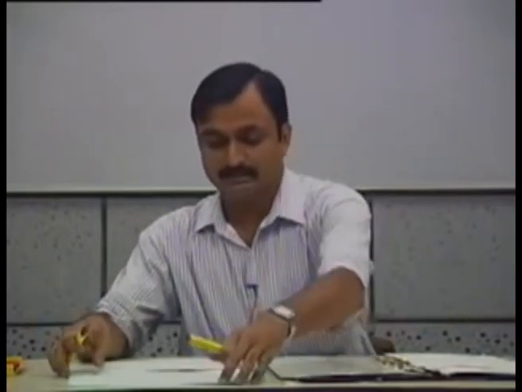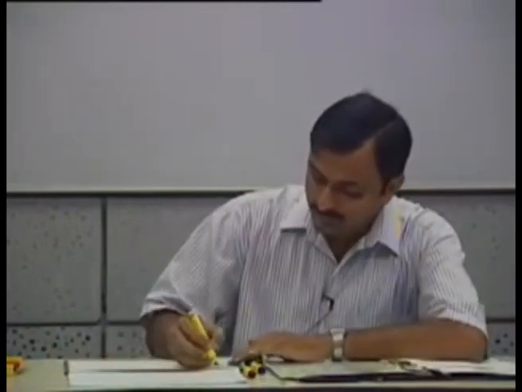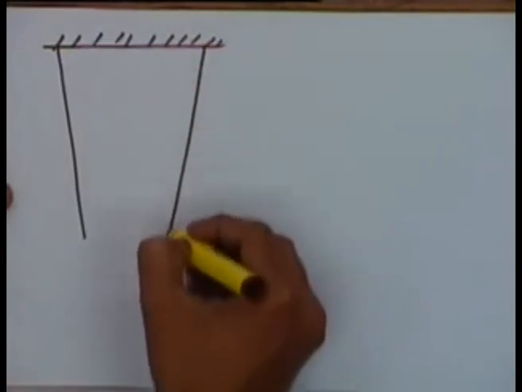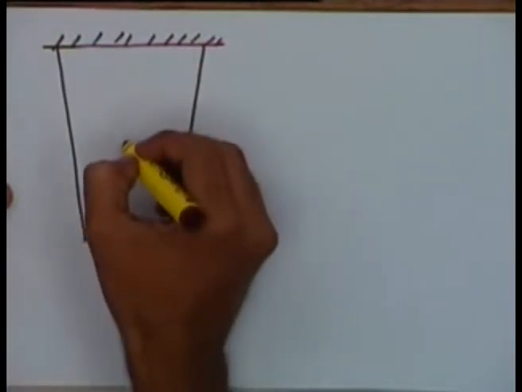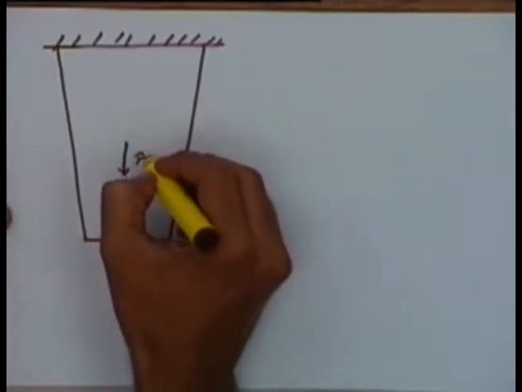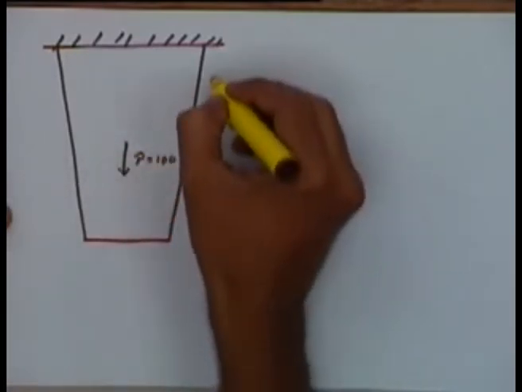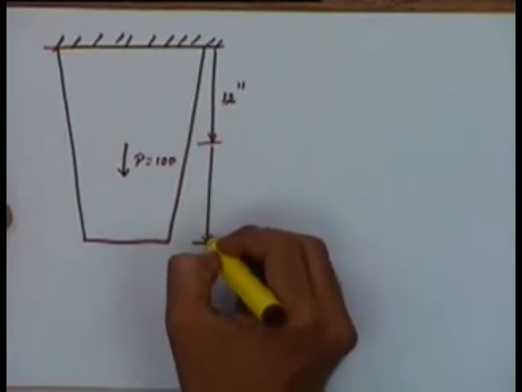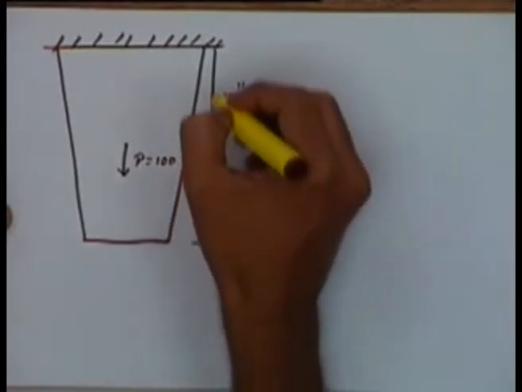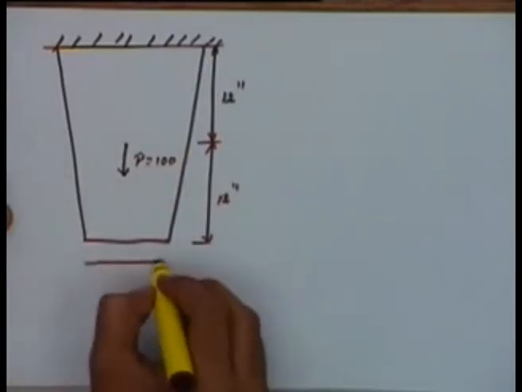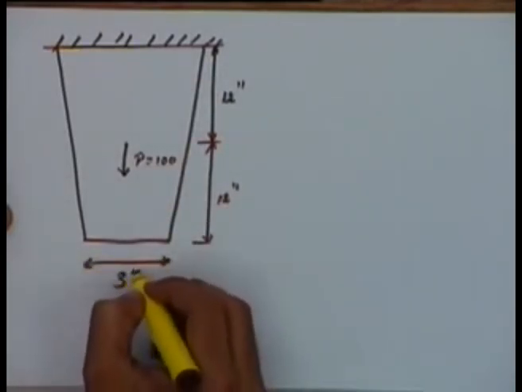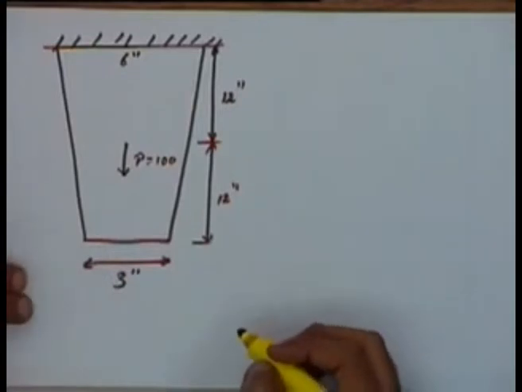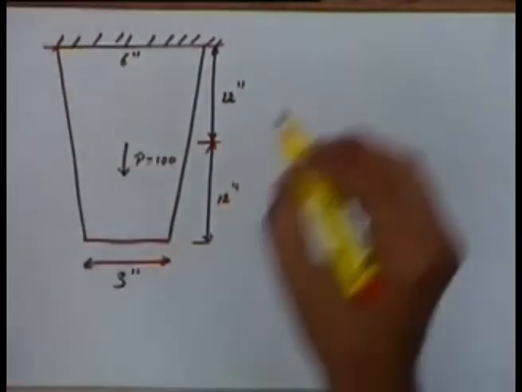Okay, last time we had taken an example where we had taken a body like this and modeled it by two finite elements.